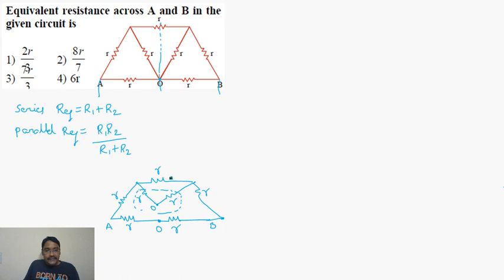For the series combination, the resistance is 2R, which is in parallel with R. Parallel with R means R1 R2 by R1 plus R2: 2R times R by 2R plus R, that is 2R square by 3R.